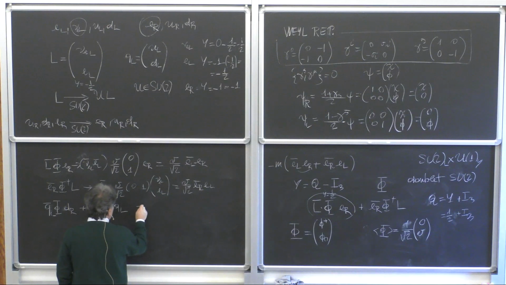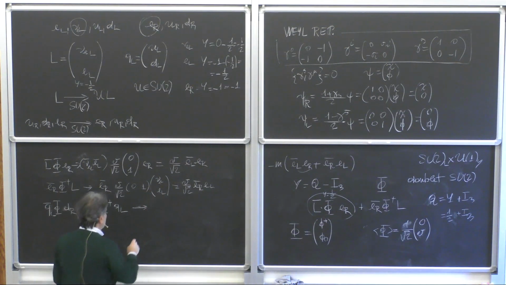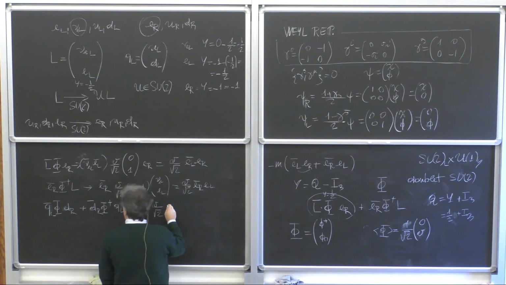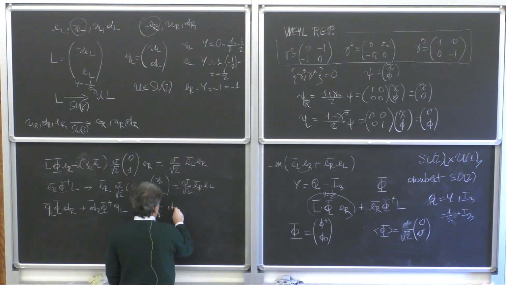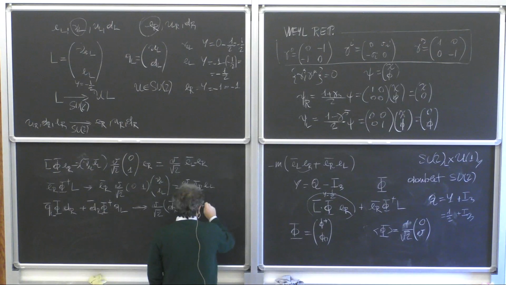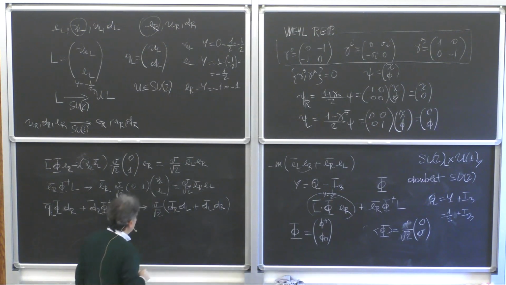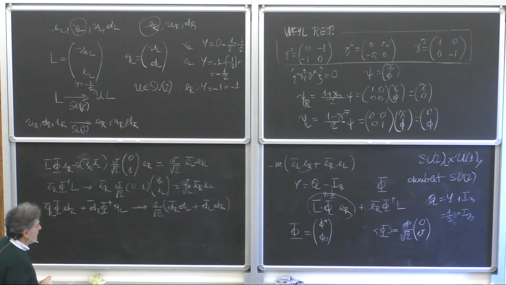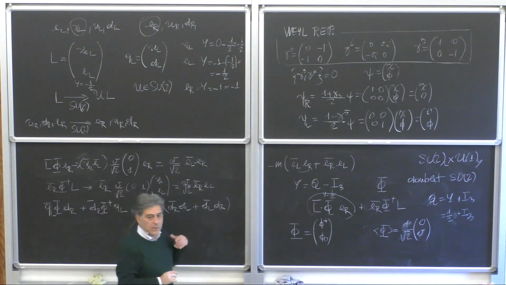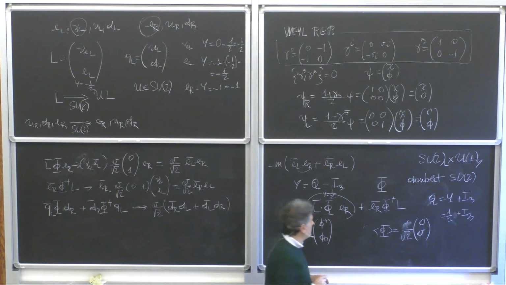And this is, after the Higgs mechanism, V square root of 2, dR bar dL plus dL bar dR. So we are halfway, because we have the mass for the electron and the down quark, but we still miss the U quark.